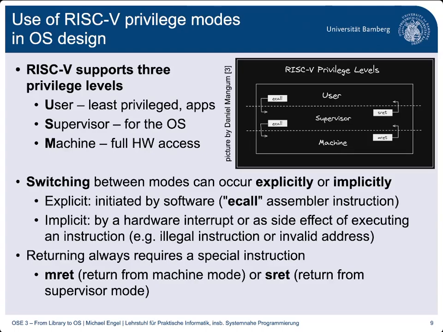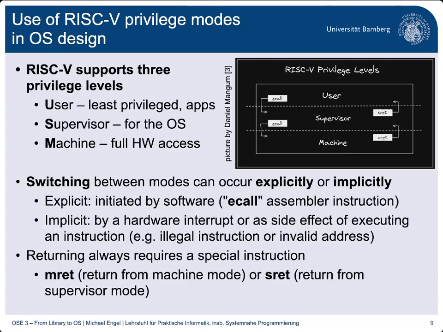Then we have a supervisor mode. This is the mode in which your operating system runs in, so the S mode. And then we have another mode, which is a machine mode. And this machine mode has completely full hardware access. So we can even constrain an operating system from accessing certain functions in the hardware, because nowadays, of course, modern CPUs should be able to run several operating systems at once using virtualization features.